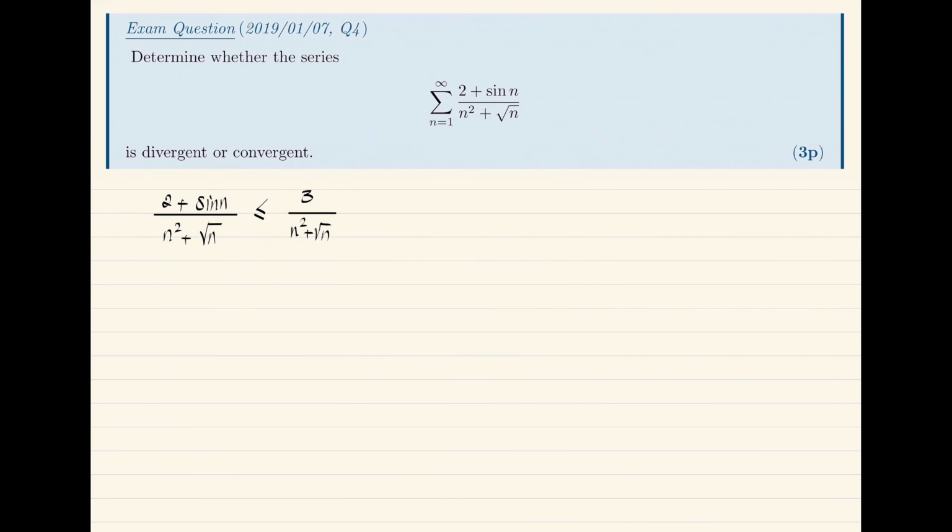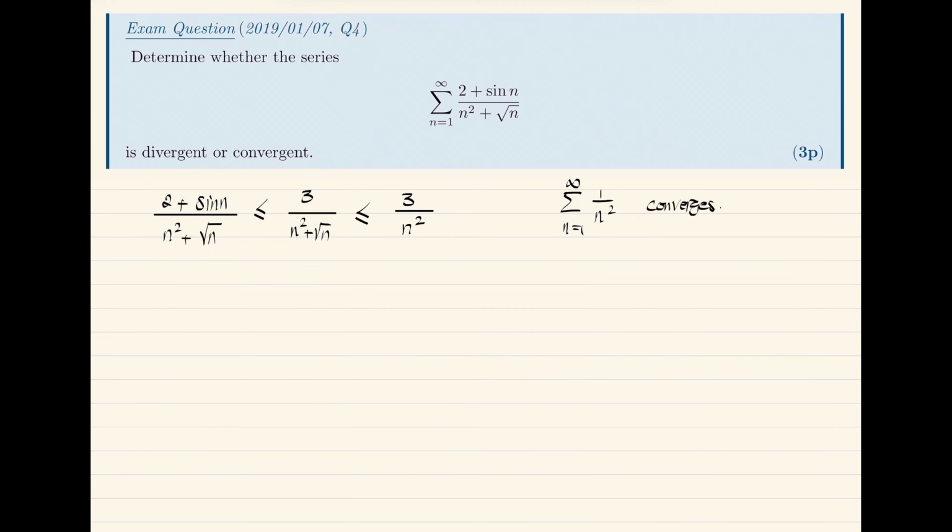So what I have written is correct. But then I can say that this is also less than or equal to 3 over n squared itself. And this series is a p-series up to a constant factor 3. So this means that this series, the sum of 1 over n squared, n going from 1 to infinity, converges.